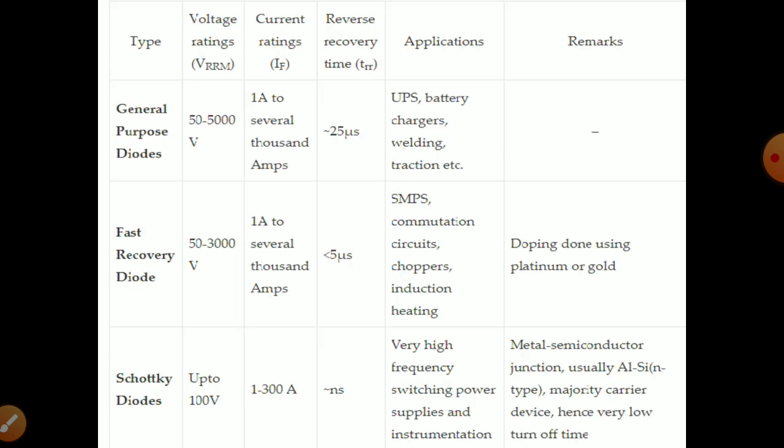Next is the types of diodes. What are the different types of power diodes? Till now we discussed the VI characteristics of the diode, the reverse recovery characteristics, and many more things.